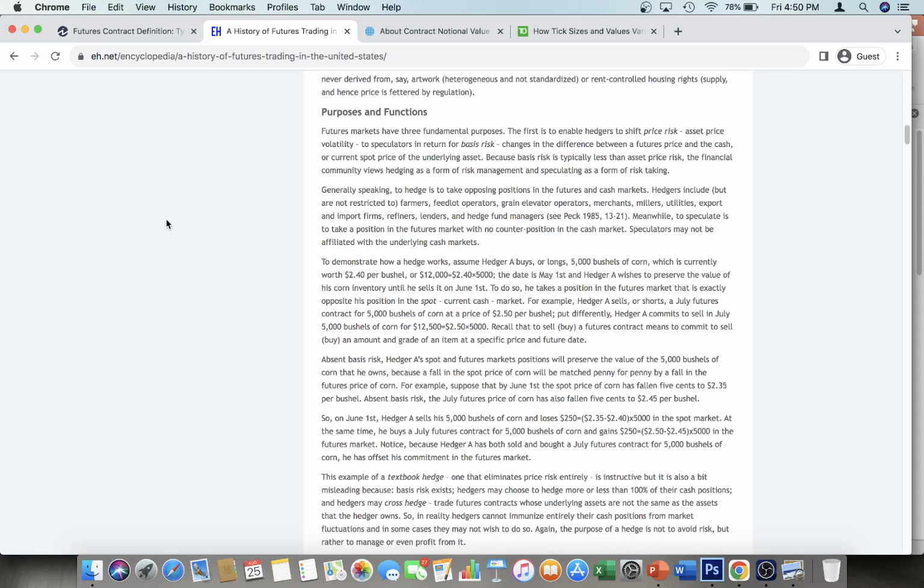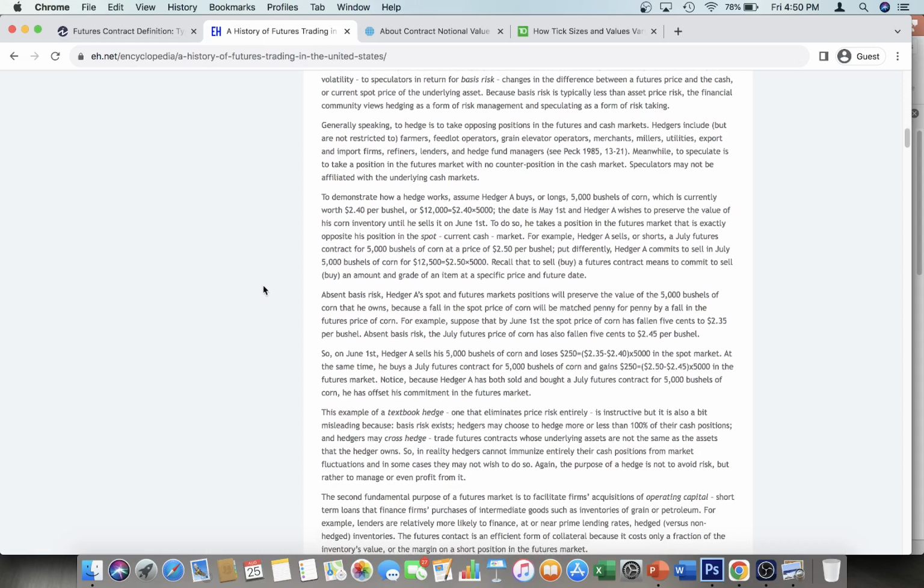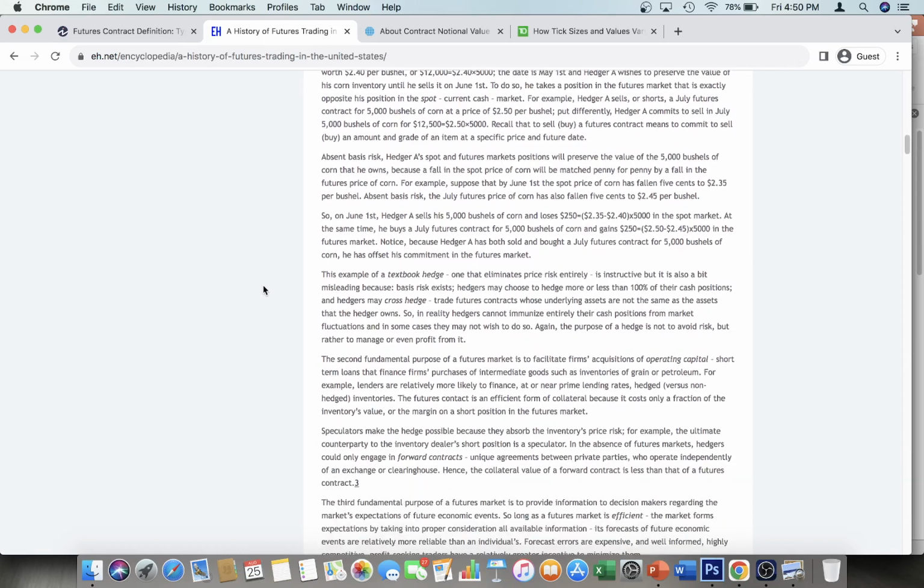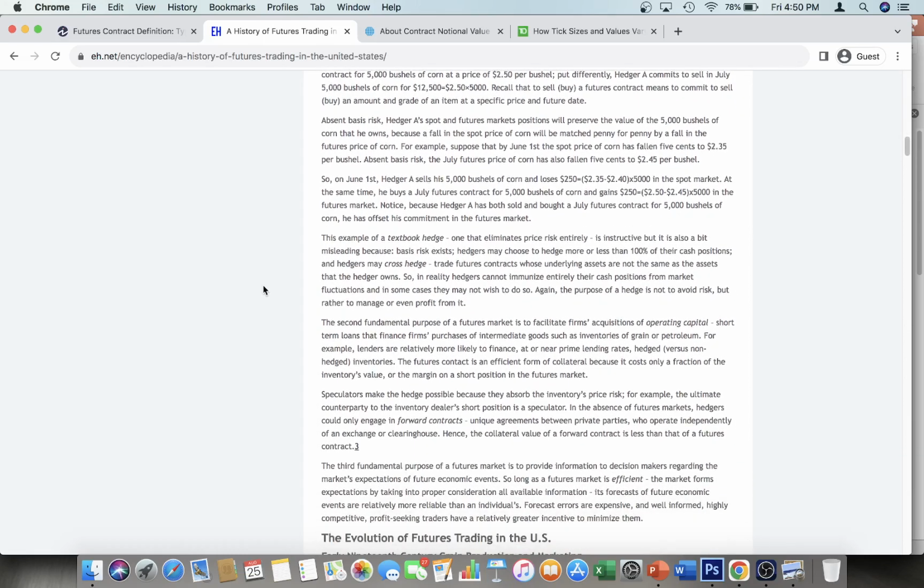Somebody's in the market looking to take off risk, and someone's in the market looking to take on risk. But the third purpose that they mentioned, I think it's important too. They said that the third purpose is to provide information to decision makers regarding market expectations. And you definitely see this a lot with the bond market when it comes to interest rates, and it gives you an idea of what the consensus is in the marketplace on certain things.